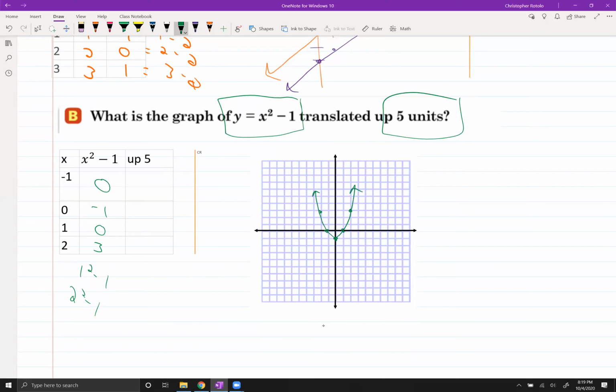What happens if we translate it up 5 units? Okay, so that means I would take each of these ordered pairs. I would go 1, 2, 3, 4, 5. Here's my 5, here's my 5. So we get exactly the same thing. So that means the vertex point, instead of being at -1, is now at 4.